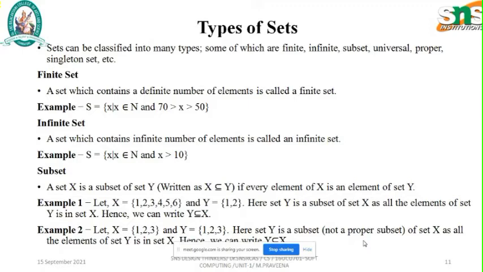So the elements in Y are present in X, isn't it? So 1, 2 is available in X.